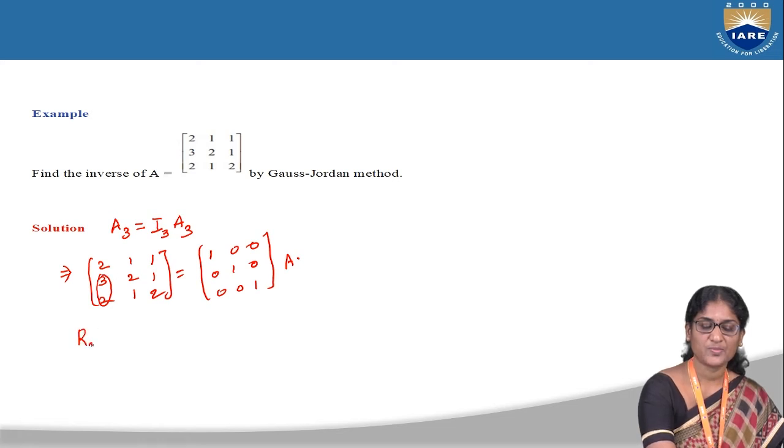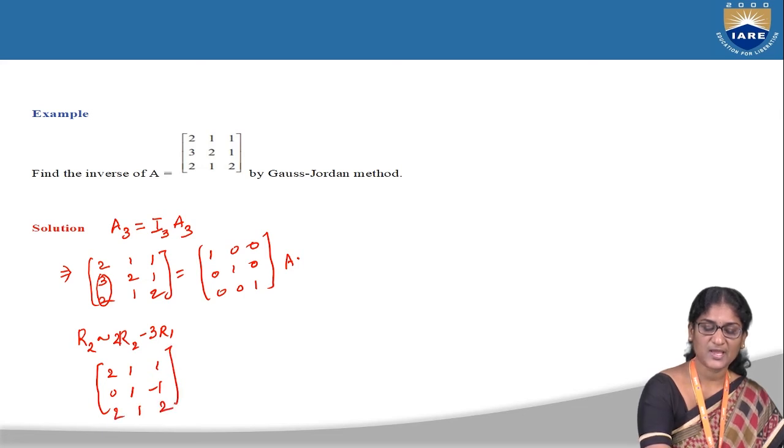Now I'll convert these two to 0. So I'll make the operation R2 converted to 2R2 minus 3R1. So this matrix is converted to 2 1 1, then 0, and 2R2 is 4 minus 3, that is 1, and 2 minus 3, that is minus 1, and the next row is kept as it is.